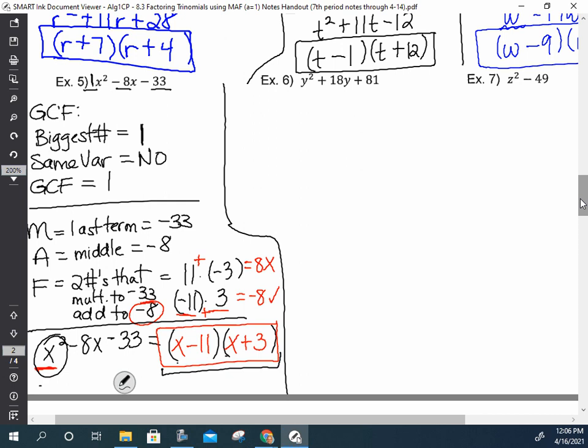Correct. So yes, that's why we put the variable back. I should always be able to take your answer, multiply it out, and end up back where you started. Good question there. Any other questions before we move to 6? You straight to go?